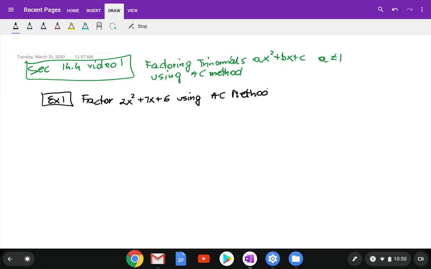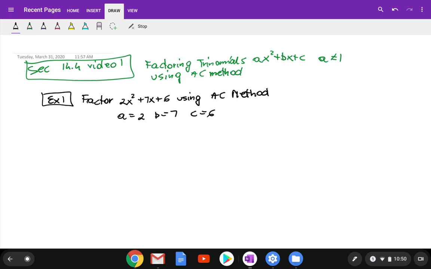So you already know this method. Technically, we did that in the previous section. I'm just going to add one extra step because in this example, a is not equal to 1. So in examples when a is not equal to 1, you need to follow the steps which I'm about to give you. So a is equal to 2, b is equal to 7, c is equal to 6.